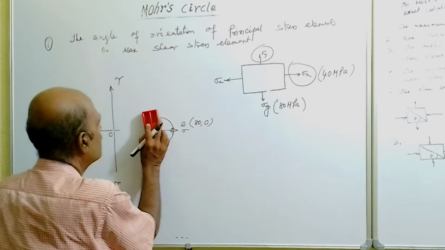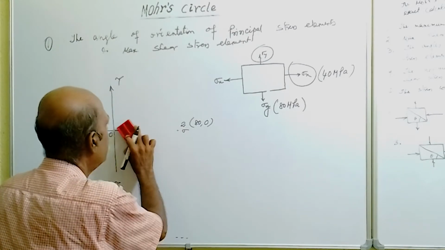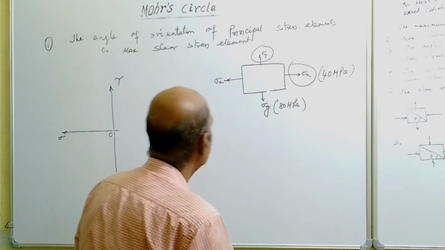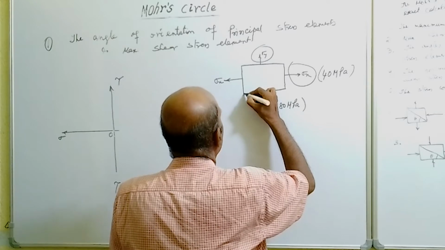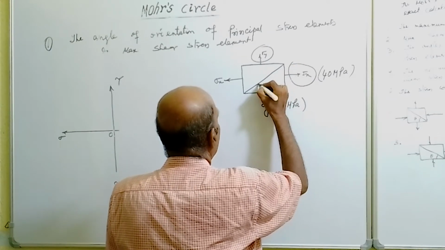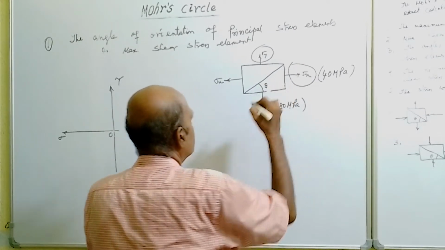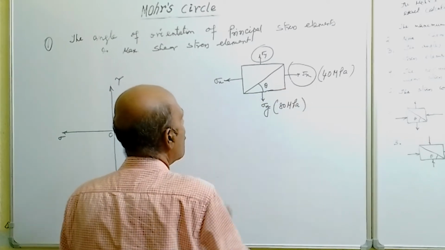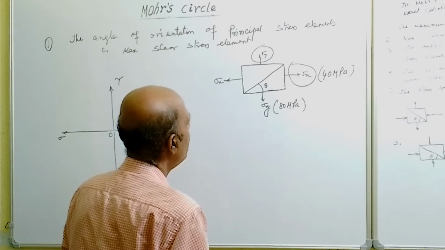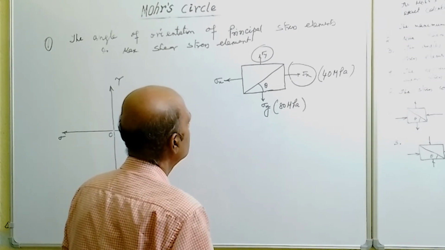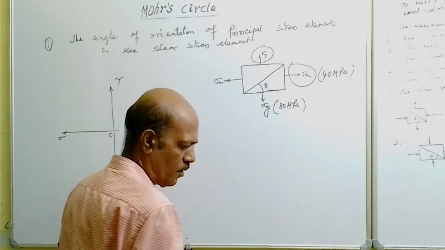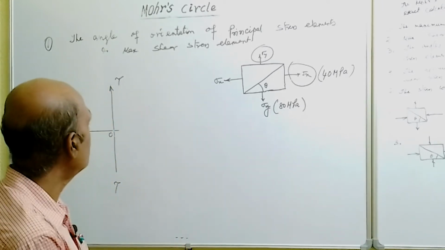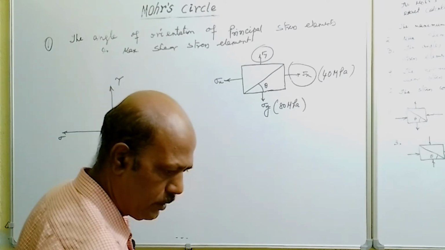For this, the condition remains same, only one thing we will do, that is draw the plane. So let this plane make an angle theta here. To find the angle of orientation, we have to consider shear stress.